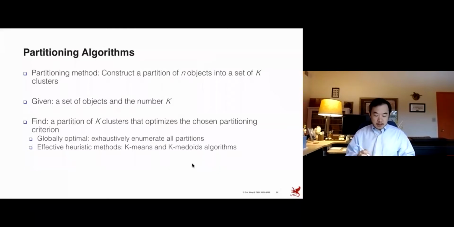In partition, let's say we decided at the onset that we're not going to reach down to the bottom of every data point. We're only going to partition the n data points into k clusters. And then our algorithm tries to find the best way to group the points into k clusters.